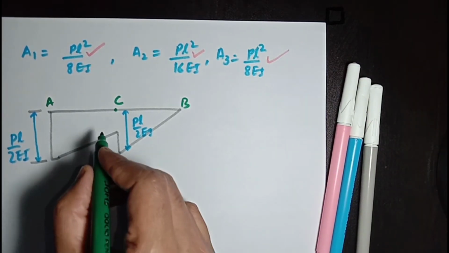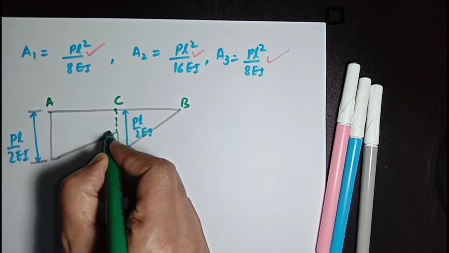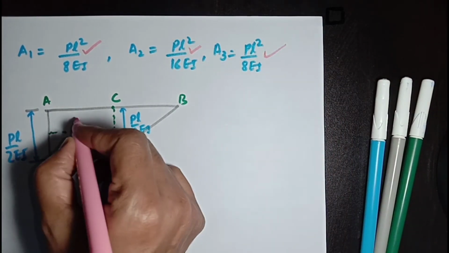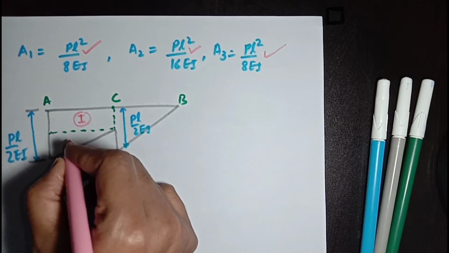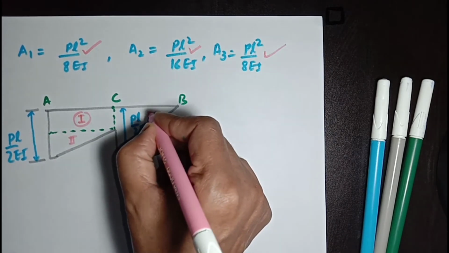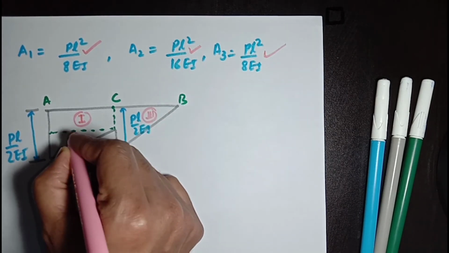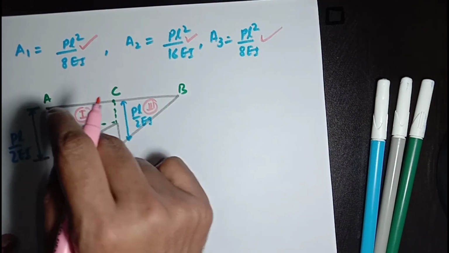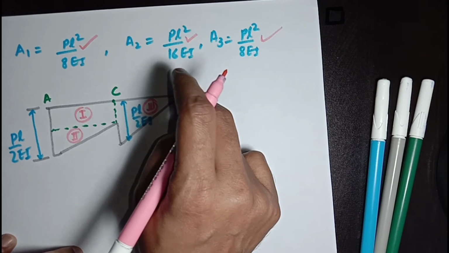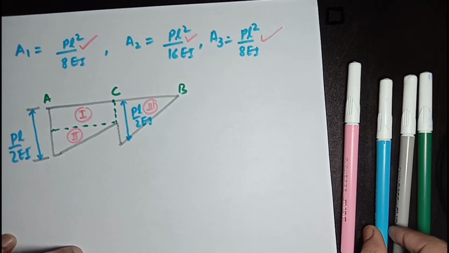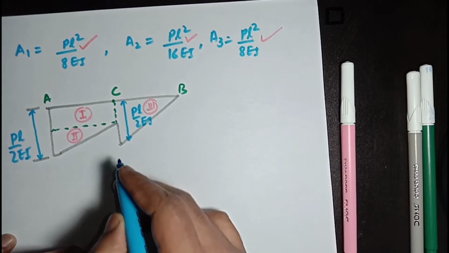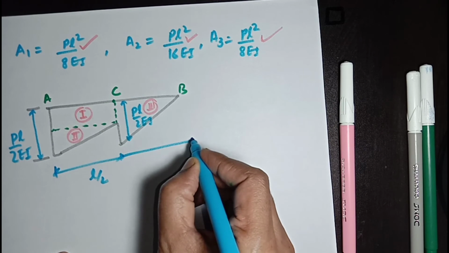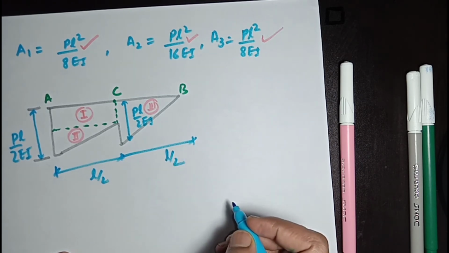We have divided all this into different regions: region 1, region 2 and region 3. We are going to find the centroid of regions 1, 2 and 3 with respect to point B. These lengths are L by 2 and L by 2.